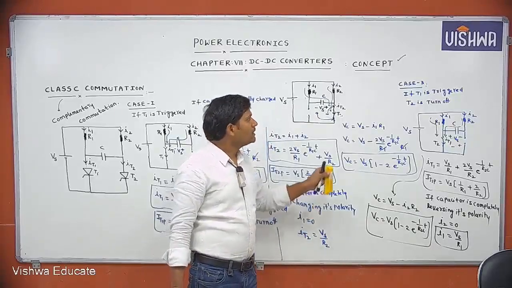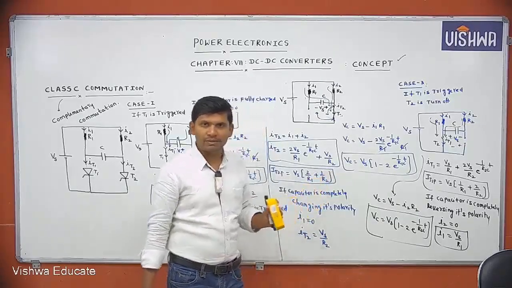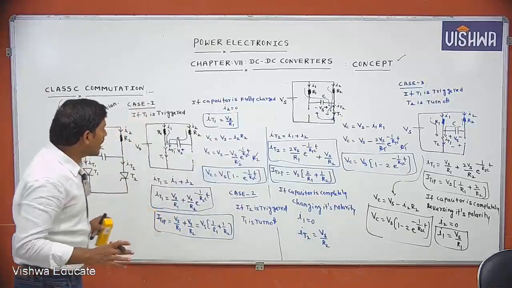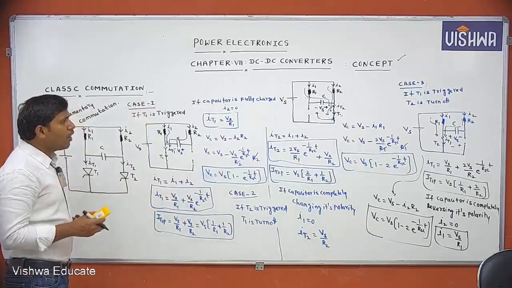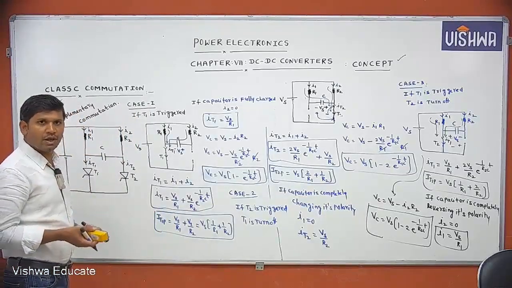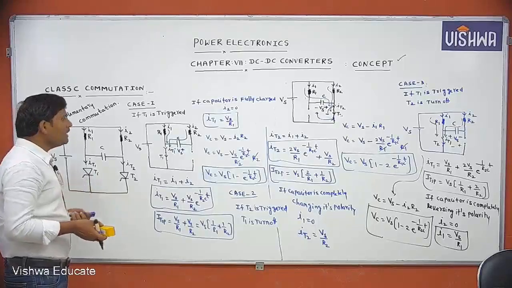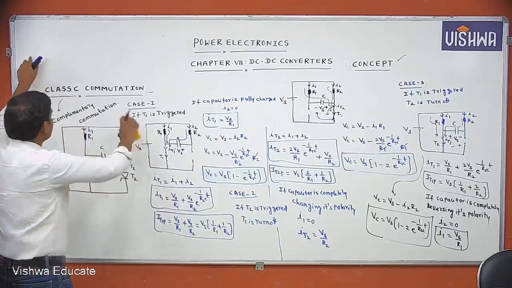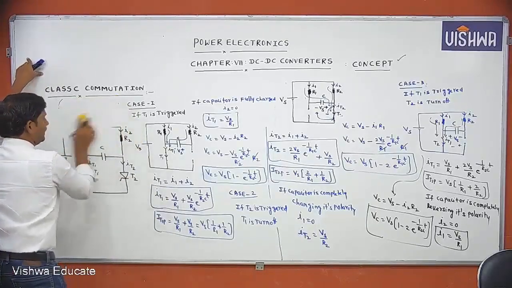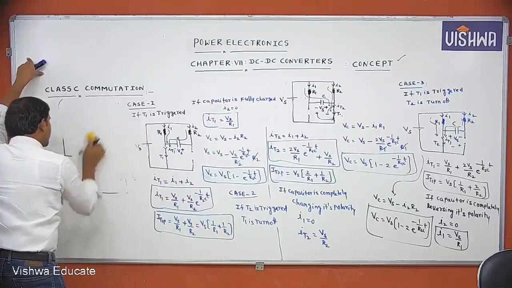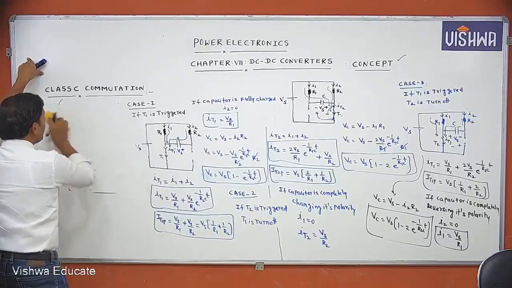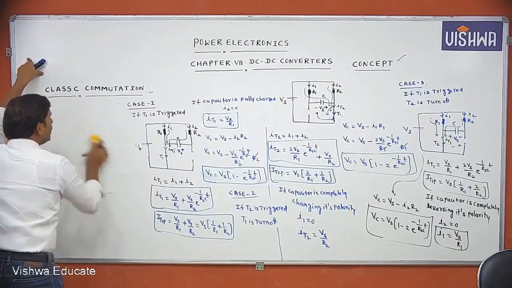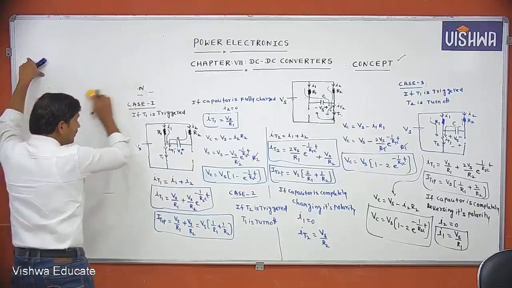Clear? This is about the different cases I am explaining. Now with this knowledge, we'll see how to draw the waveforms for class C commutation. One observation here: if T1 is on, T2 is off. If T2 is on, T1 is off.